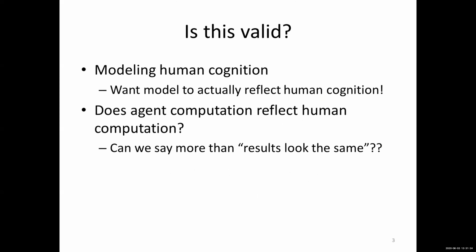Modeling human cognition, you want to model what's actually going on in human cognition. It's all very well and good to say, hey, the results look like what humans do, but there are many ways of potentially getting those kinds of results.